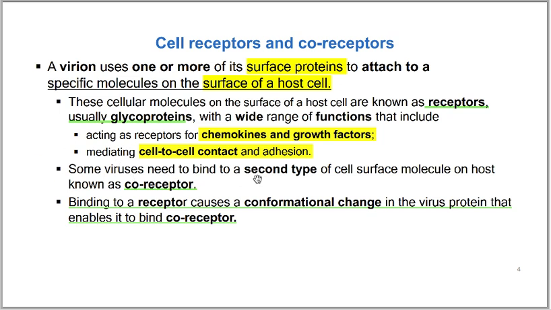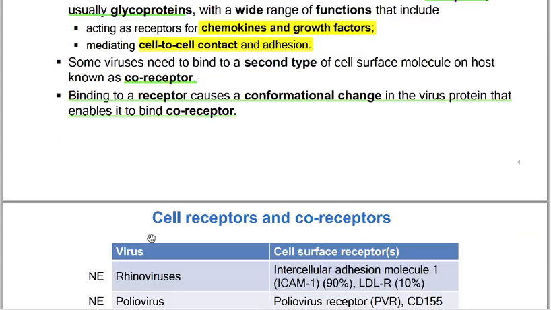Some viruses need to bind to a second type of cell surface molecule on the host known as a co-receptor. And binding to the receptor causes a conformational change in the viral protein that enables it to bind with the co-receptor.